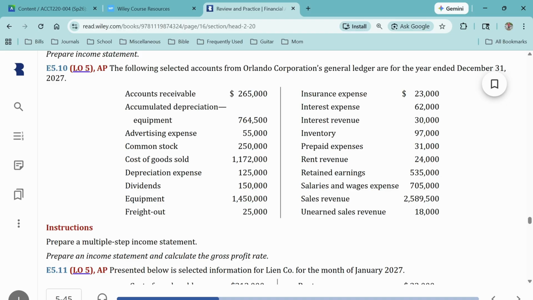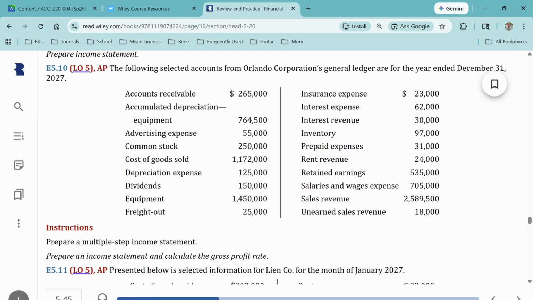Prepaid expenses are not an expense. It says prepaid expenses, but that's really funny terminology. Those are prepaid assets. Those are prepaid rent, prepaid insurance, prepaid advertising. The sum of all the prepaid assets equals the prepaid expenses that they're listing here.